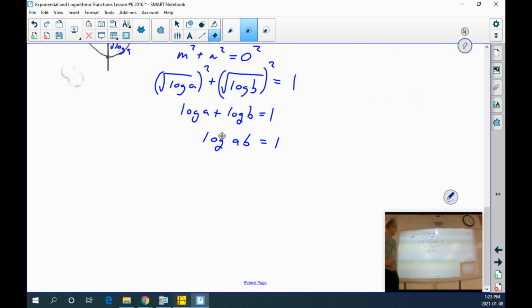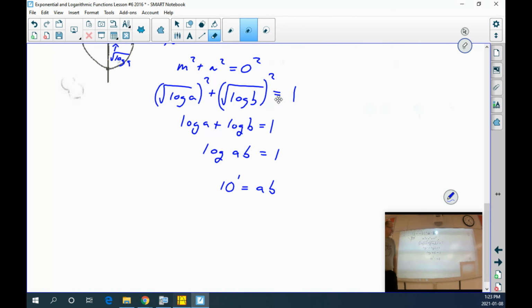Okay, well, we still need to get A by itself. Well, what I see here is I see logarithmic form, turn it into exponential form of the statement, and then solve for A. Divide both sides by B. A is equal to 10 divided by B. There is that.